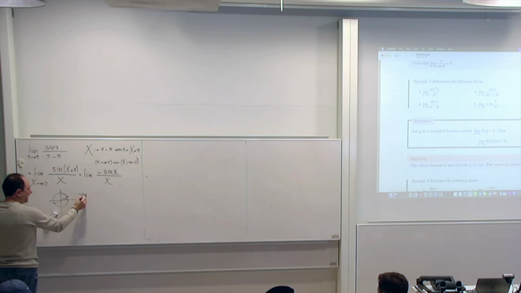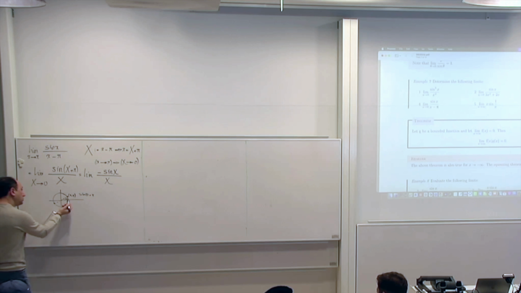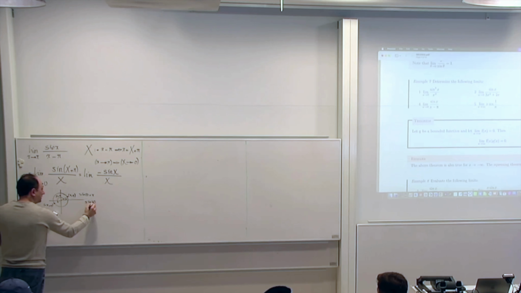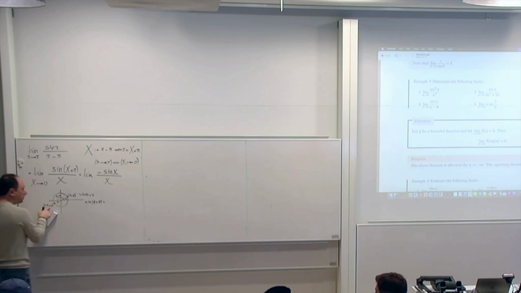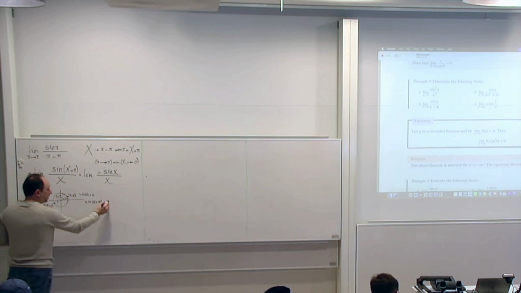You know that there are x and y coordinates. Sine of this angle is the y coordinate. But when I go here, what are the coordinates of this point? Minus x and minus y. And this angle is now theta plus pi. So sine of theta plus pi will be the y coordinate of this point, which is minus y.